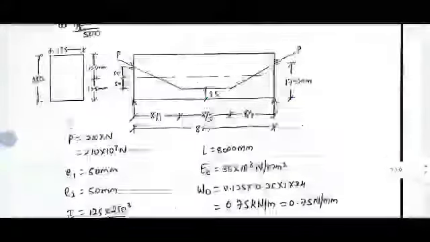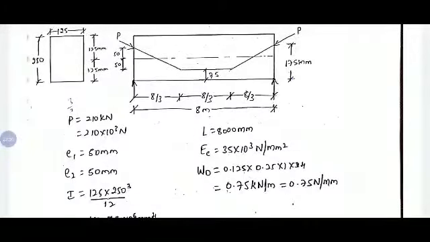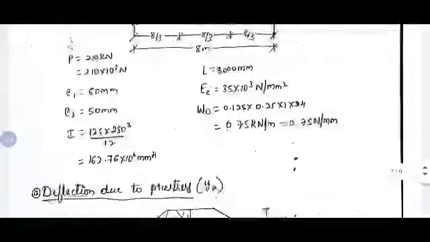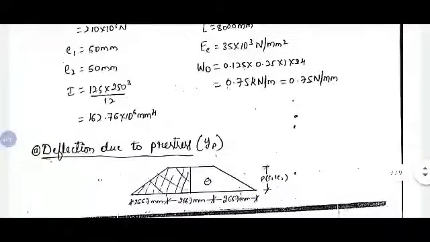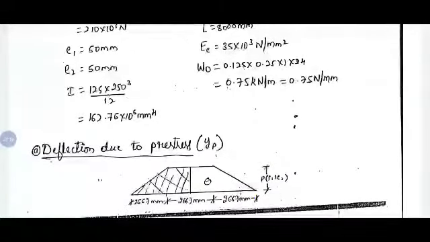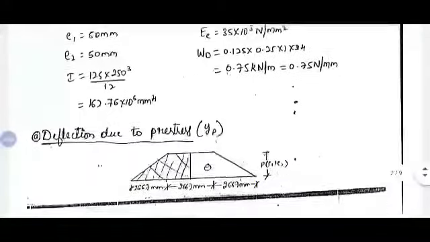So these are the given data. P is 210 kN, E1 50, E2 50, which we have calculated. Moment of inertia, span, EC, dead load. So first one, deflection due to prestressing force. As we know, the shape of the bending moment diagram will be the same as the shape of the tendon profile. So here it is trapezoid shape.